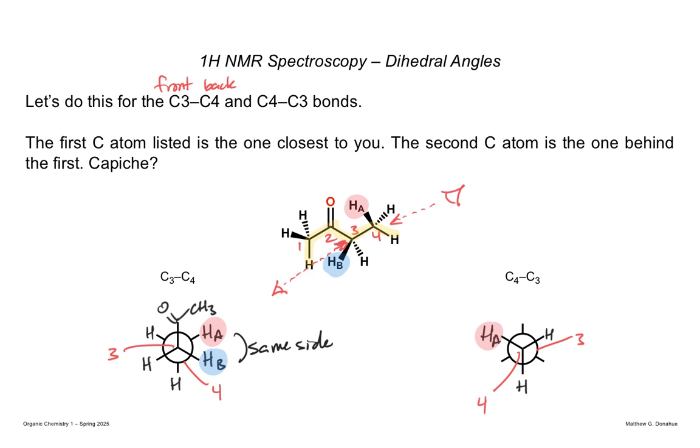And we know now that because A and B are on the same side, HB should go here. On the bottom right, that should be an H. And then what's going up is that carbonyl and then methyl group at C1.